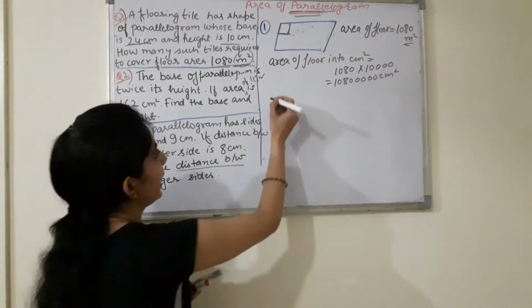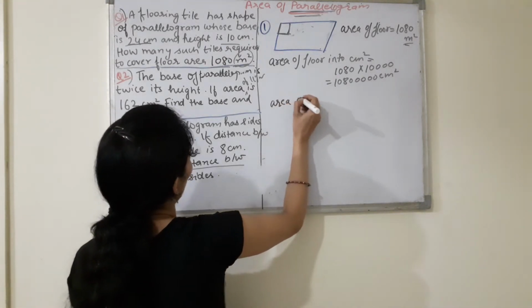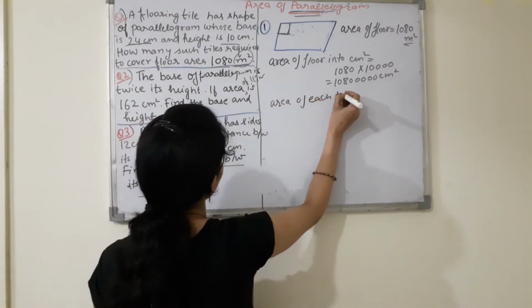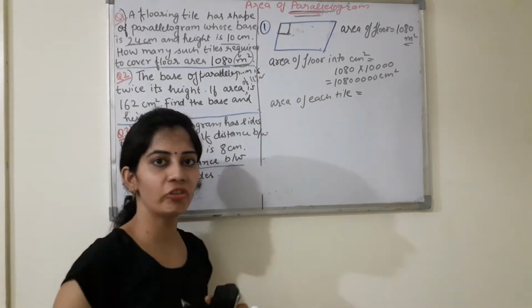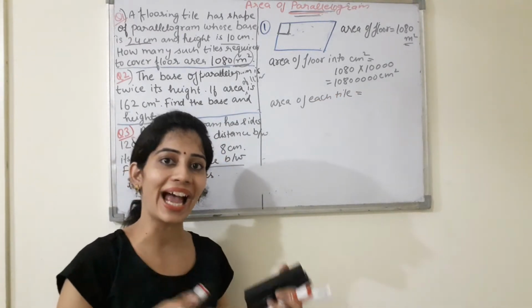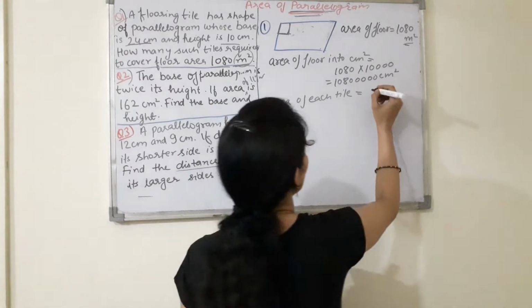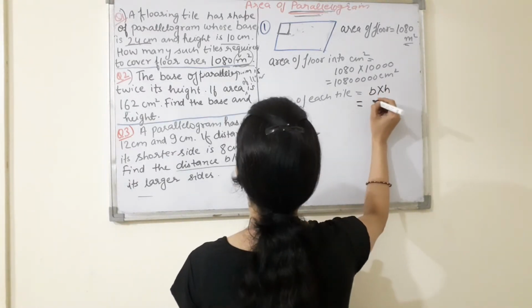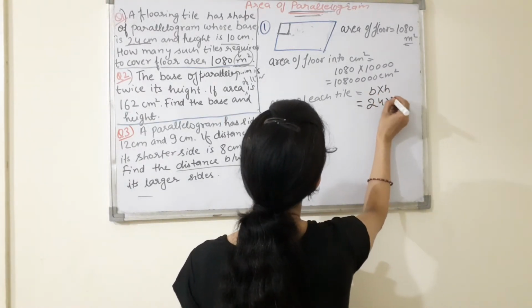Now simply you will find the area of each tile. The area of each tile will be base into height, because the tile is of parallelogram shape. So base into height, the dimensions given are 24 into 10.